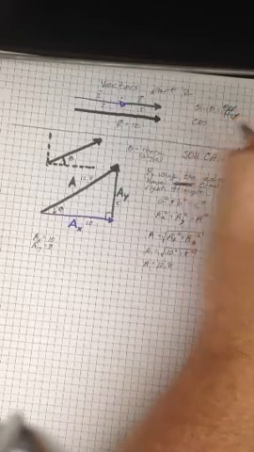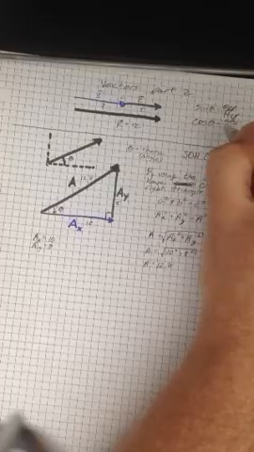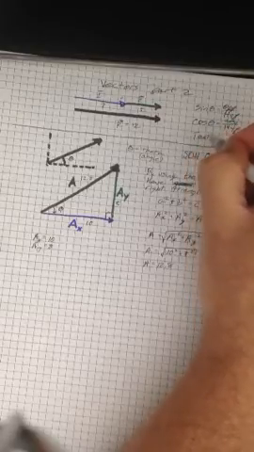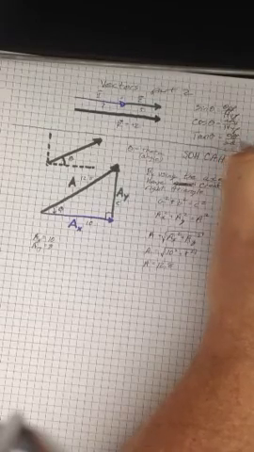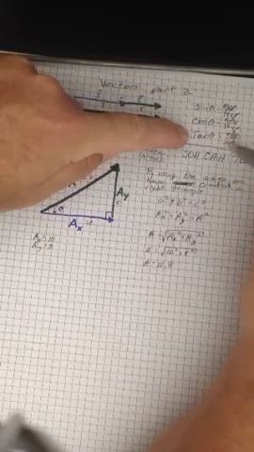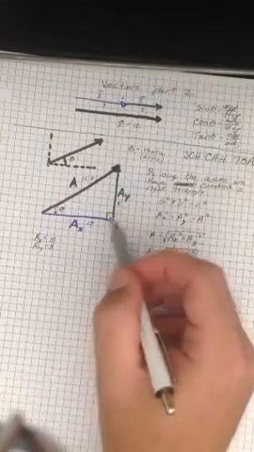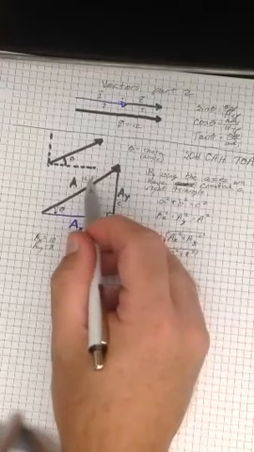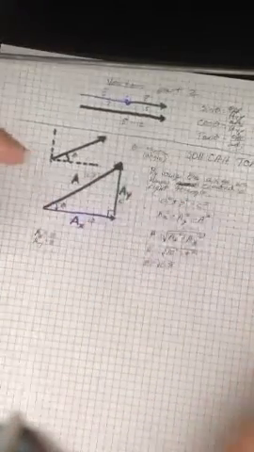We've got cosine theta, which equals adjacent over hypotenuse. And then we have tangent theta, which equals opposite over adjacent. So this is where we get SOH CAH TOA. Here we have all the lengths: the adjacent, the opposite, and the hypotenuse. Opposite is across from, adjacent is next to, and hypotenuse is the hypotenuse of the triangle.